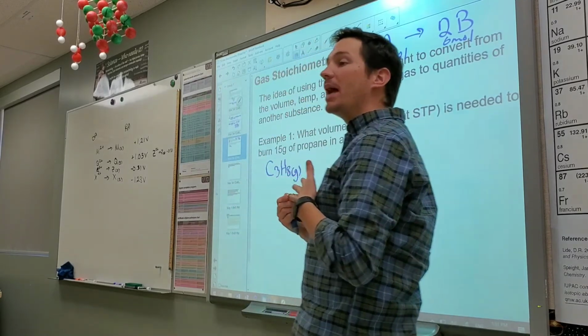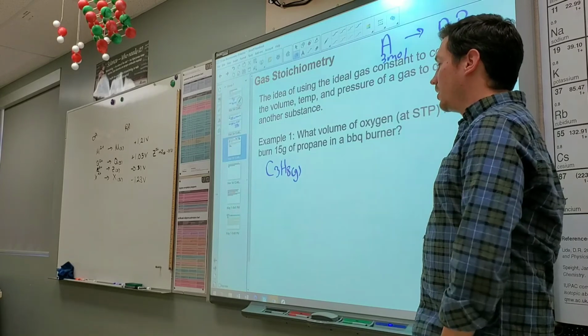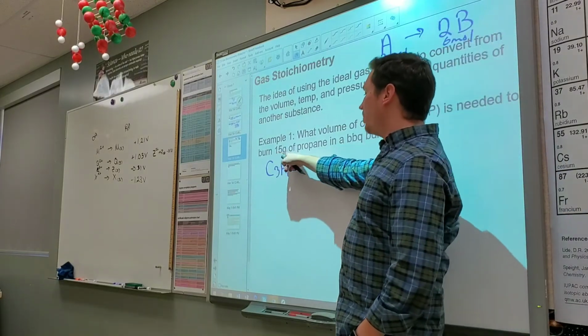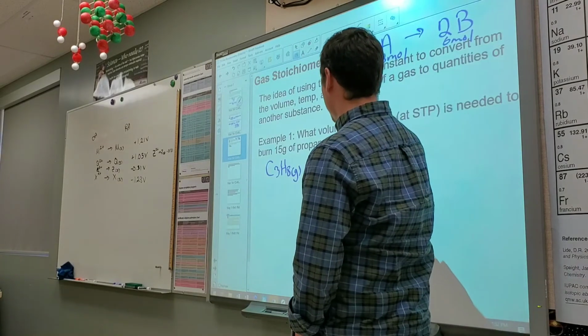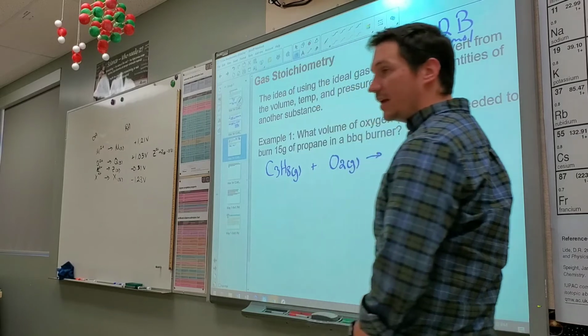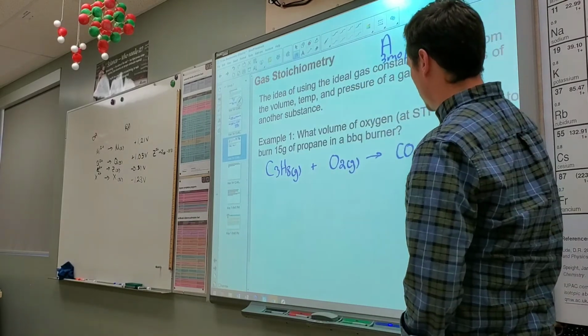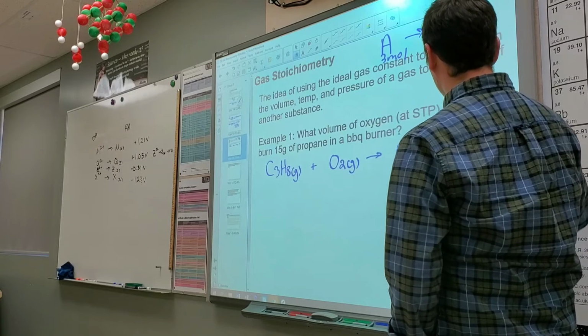We're making a balanced chemical reaction. Now, when you burn propane, what do you have to react it with? And what do you always make? Carbon dioxide and water vapor.